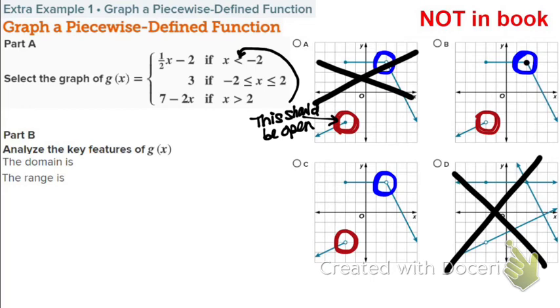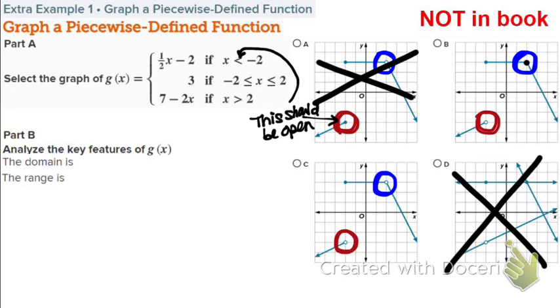How am I going to decide whether it should be open or closed? Let's look here. What does it tell me about this dot? Closed. And this dot? Closed. And it's in between what two numbers? -2 and +2. Here's -2, here's +2, and it's supposed to be what kind of dot on both sides?